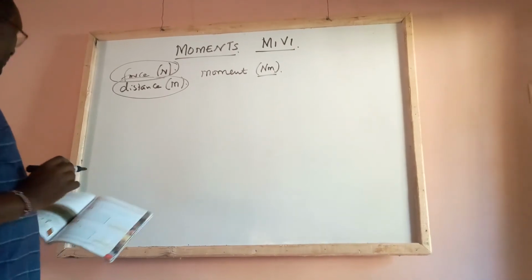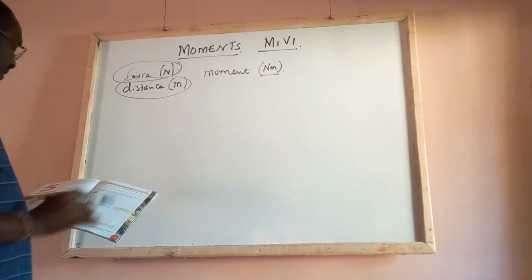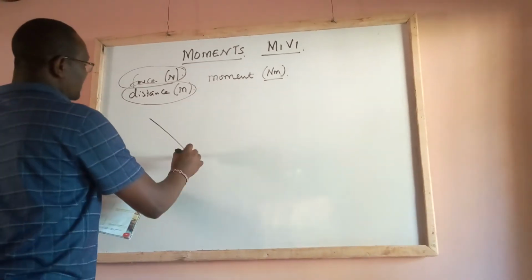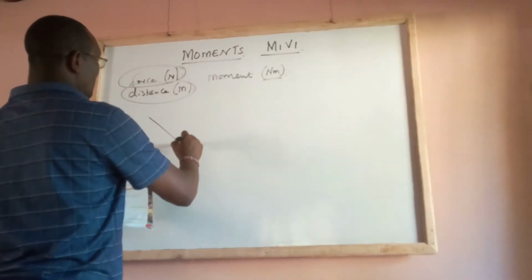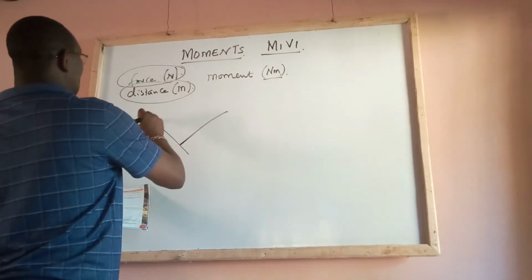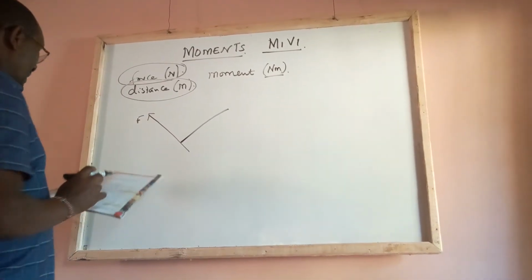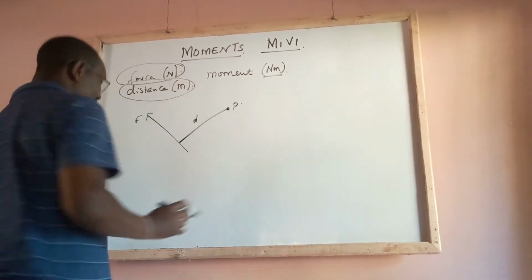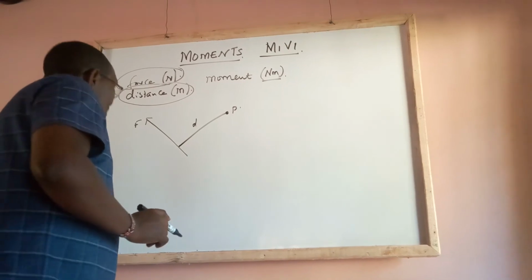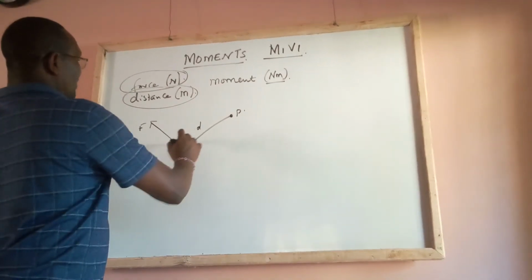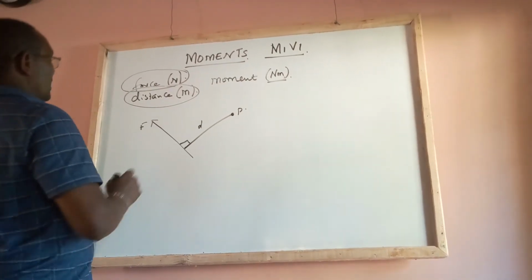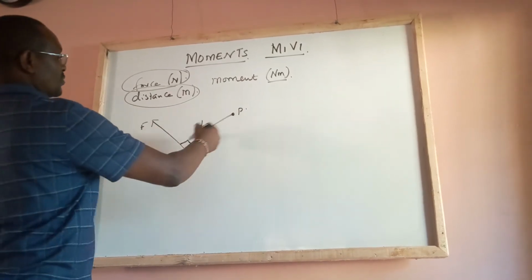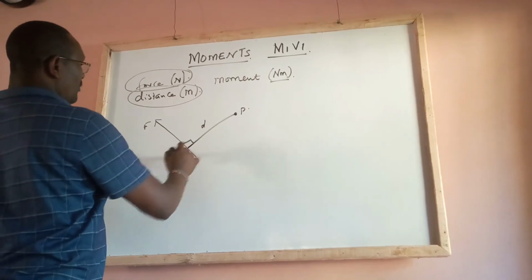Let us look at example 1. Find the moment of F about P. The diagram just looks like this. We have F, this is the distance, and this is point P. What you need to see is that this angle is 90 degrees. That means the line of force is perpendicular to, let's call this line OP, to line OP.